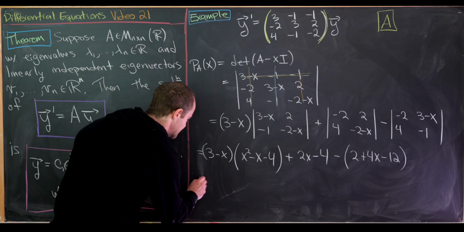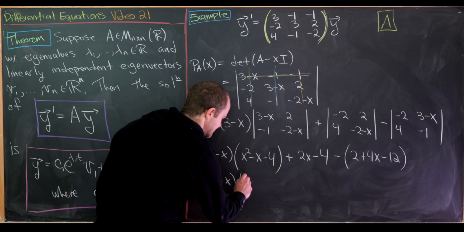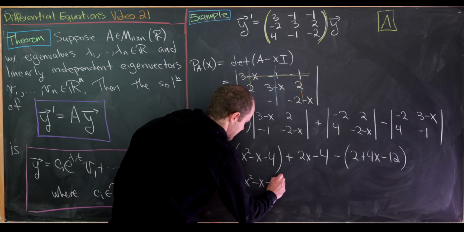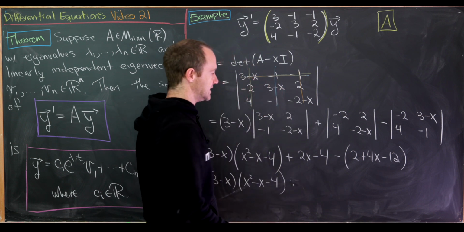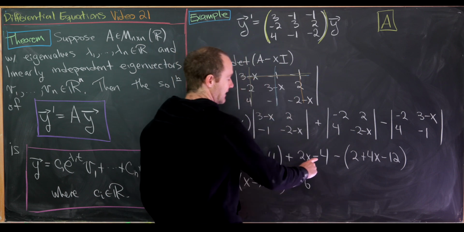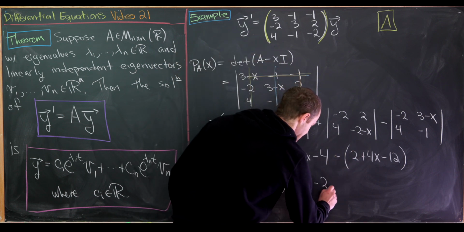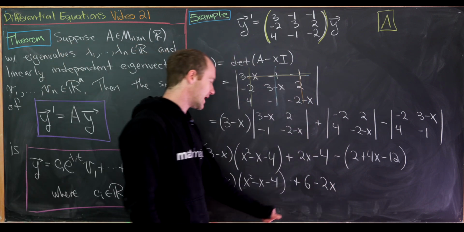Okay, so this is going to give us 3 minus x times x squared minus x minus 4. And then here we'll have, let's see. And then subtracting 4 will give us plus 6. And then this 2x minus 4x will give us negative 2x. But let's note that we can factor a 2 out of that.